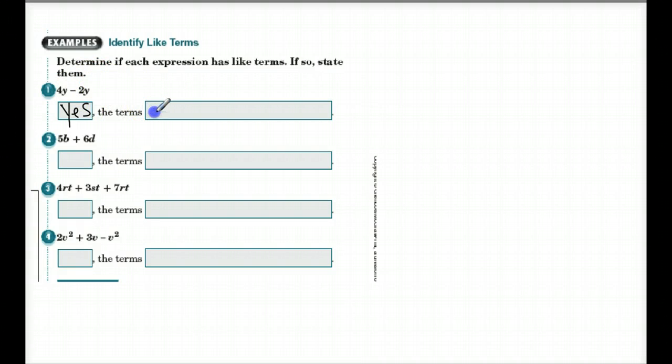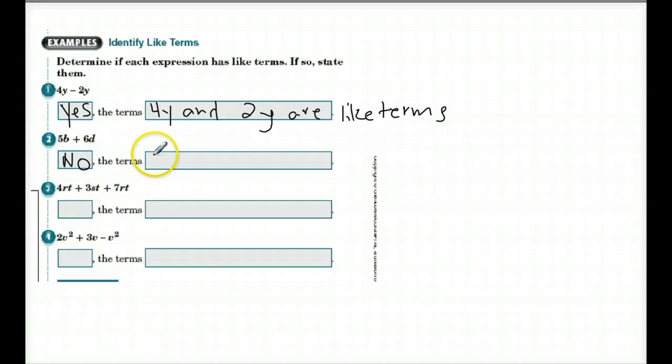The terms 4y and 2y are like terms. 5b and 6d. No, those are not like terms. The terms 5b and 6d are unlike.